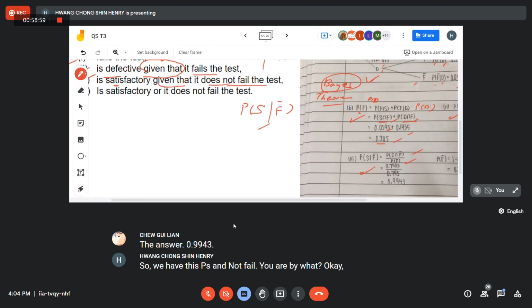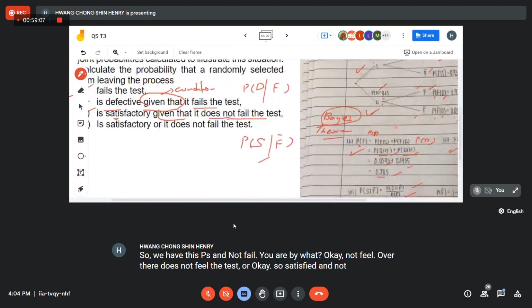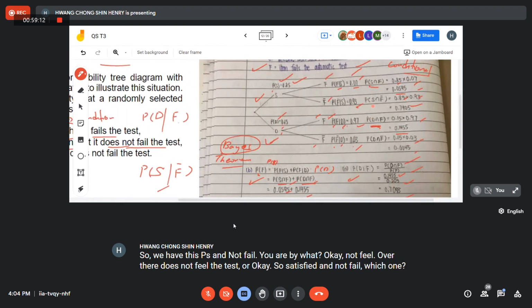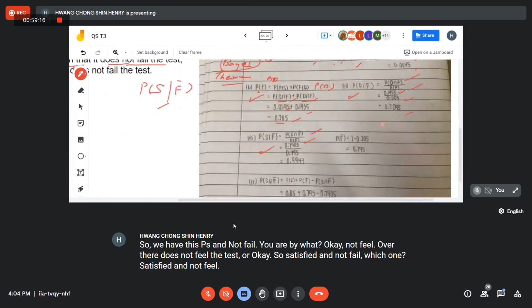P(not fail), the probability that it does not fail the test. So satisfied and not fail, which one? Satisfied and not fail, 0.7905 divided by P(not fail).